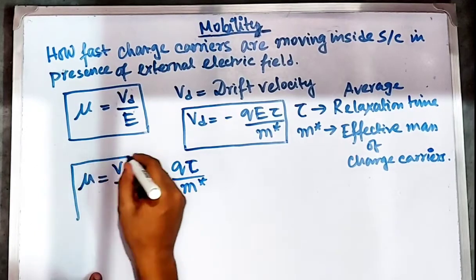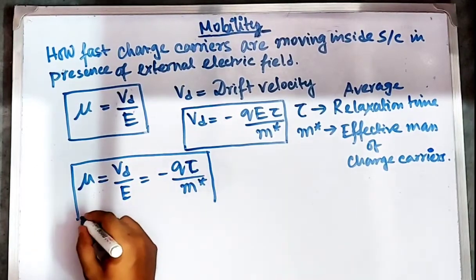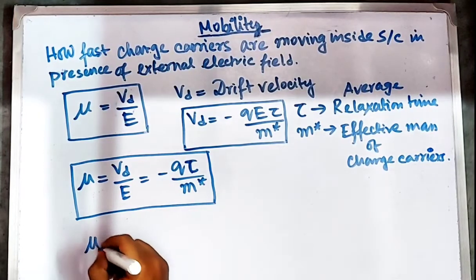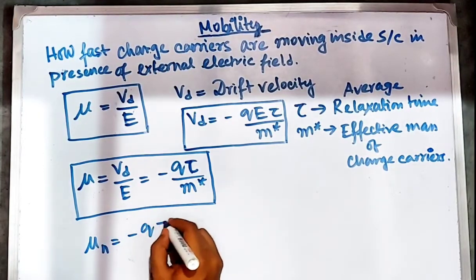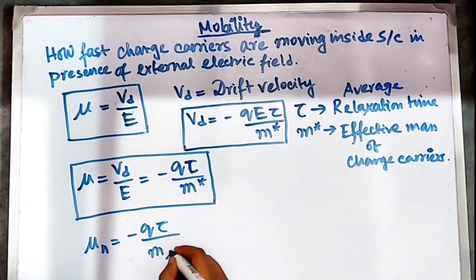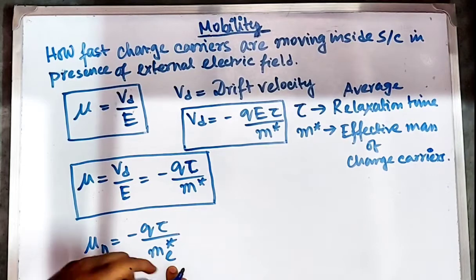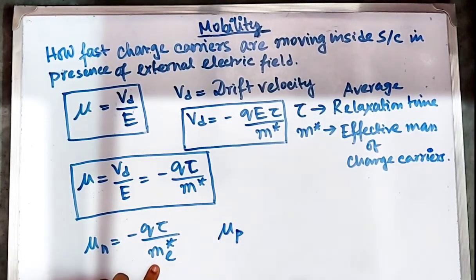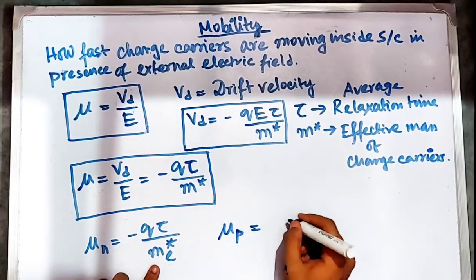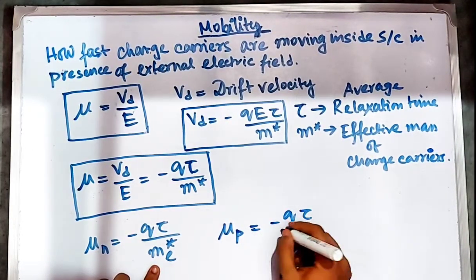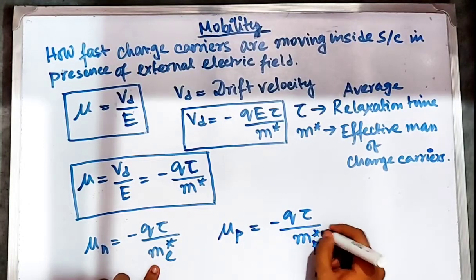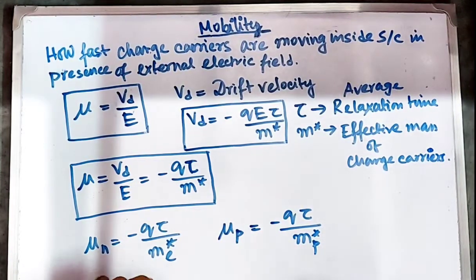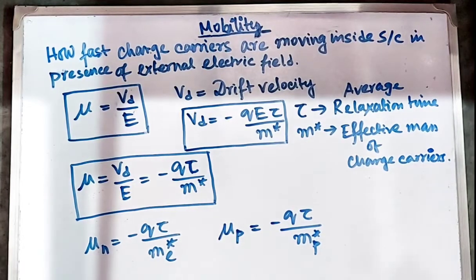If we are dealing with the mobility of electrons, then we can write me star, because me star is the effective mass of electron, and if we are talking about the mobility of holes, then we can write mp star, which is the effective mass of holes. So up to this, I guess everything is clear.